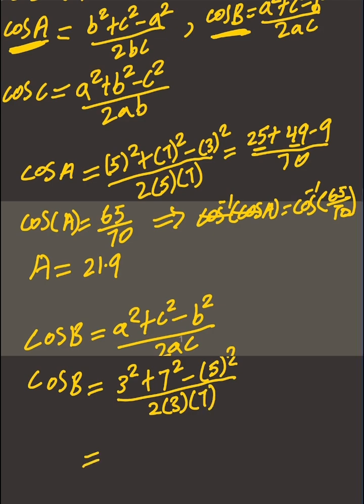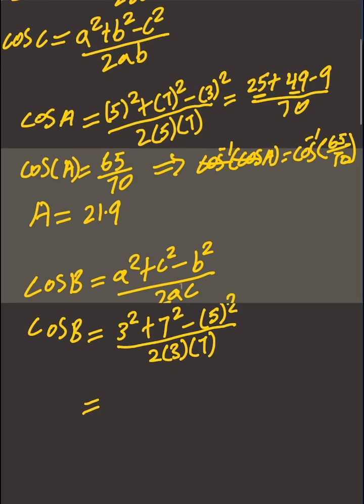So we have 9, plus 49, minus 25, all over 2 times 3 is 6, times 7 is 42.